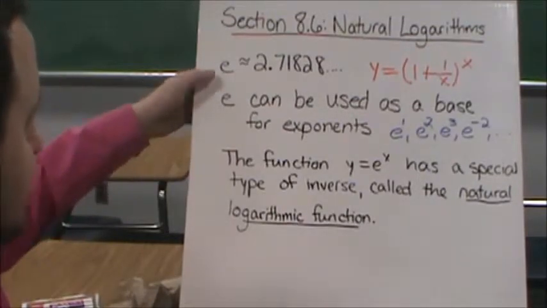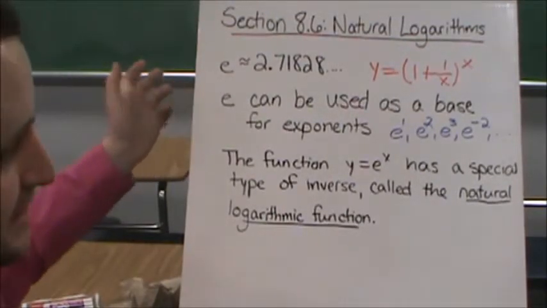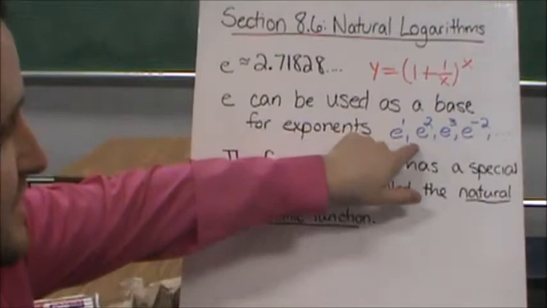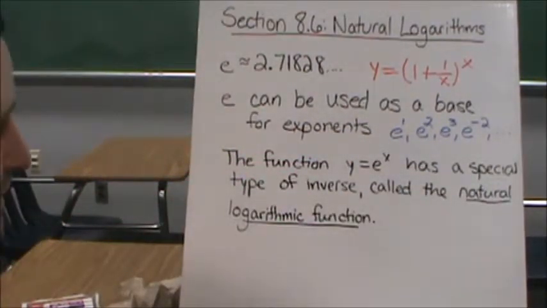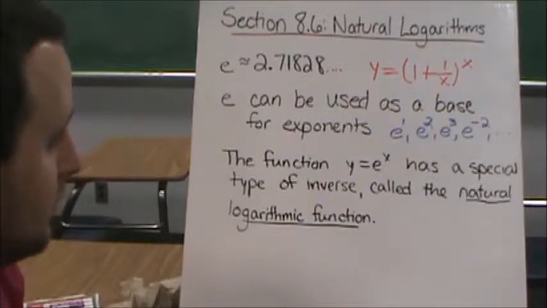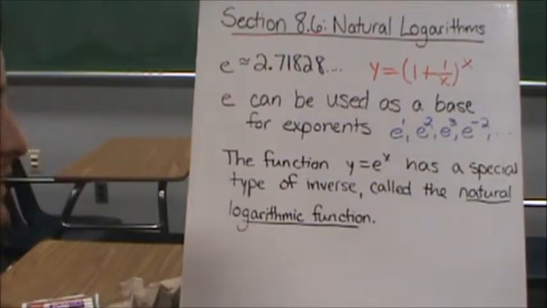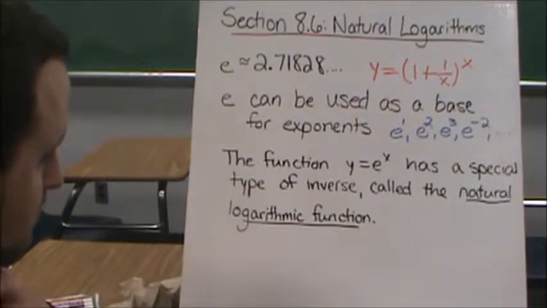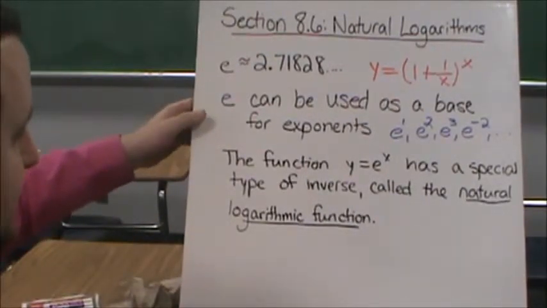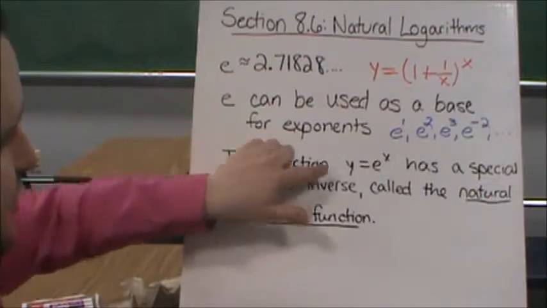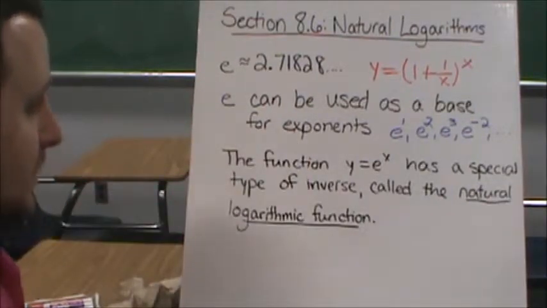And it turns out that this value of e, we can use it as a base for exponents. So we could say e to the first, e to the second, e to the third, and e to the negative 2, and so forth. We could take e and take any power of e as well. So since we can use this as a base for exponents, we can have an exponential function y equals e to the x.